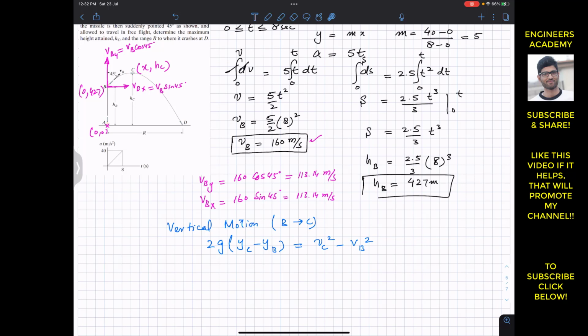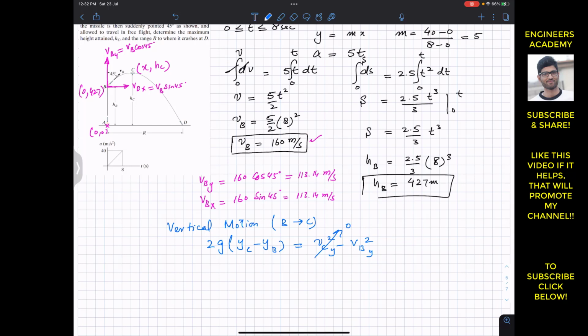We can write that this is vcy squared and this is vby squared, since we are going to consider the vertical components, right? So this means that vcy will become 0.